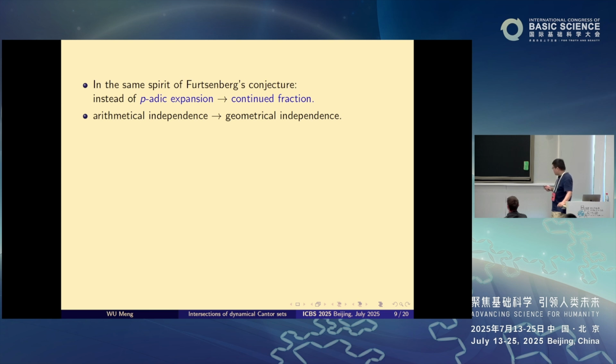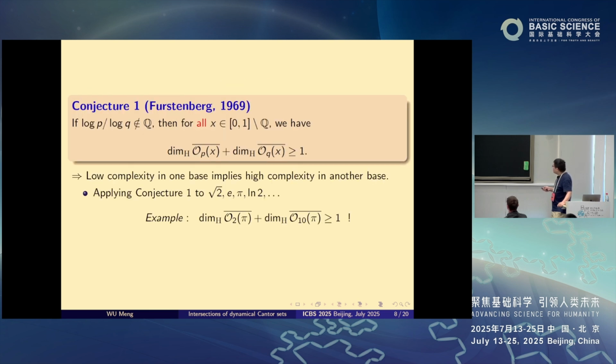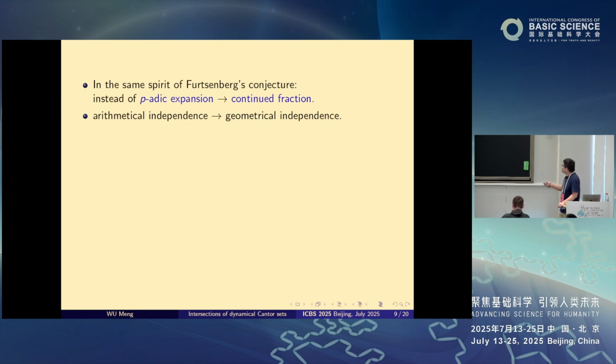We can even go a little bit beyond this, in the same spirit of Fürstenberg's conjecture. There are many different ways of expanding numbers. You can use the periodic expansion, but you can also use the quite classical continued fraction.